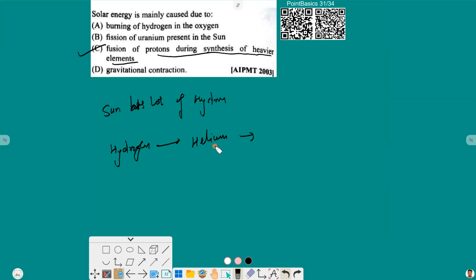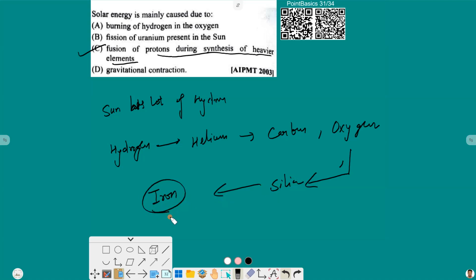Then it fuses helium and hydrogen further to produce elements like carbon, oxygen, and these kinds of elements. Then further it moves to silicon, and finally it moves to iron. So the fusion process stops here, at iron. You cannot fuse iron to produce any other element because it has the highest binding energy per nucleon.